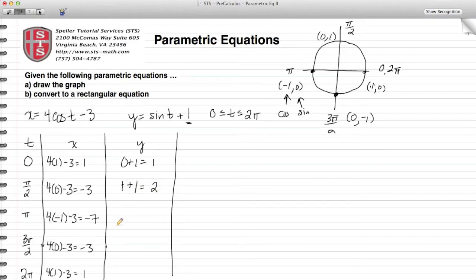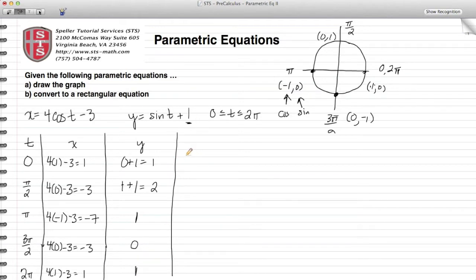The sine of pi is 0, so again 0 plus 1 gives me 1. The sine of 3 pi over 2 is negative 1, so negative 1 plus 1 gives me 0. And the sine of 2 pi again is 0, so 0 plus 1 is 1.